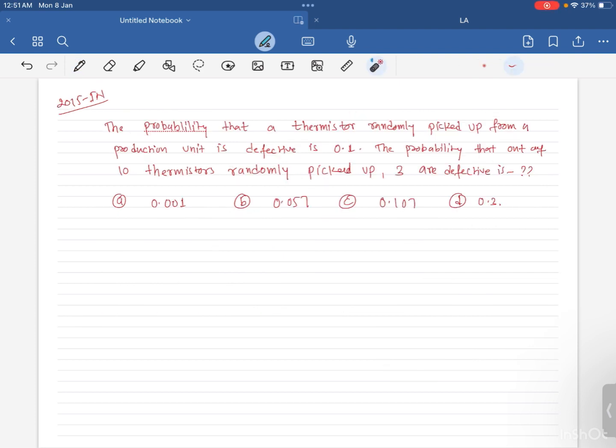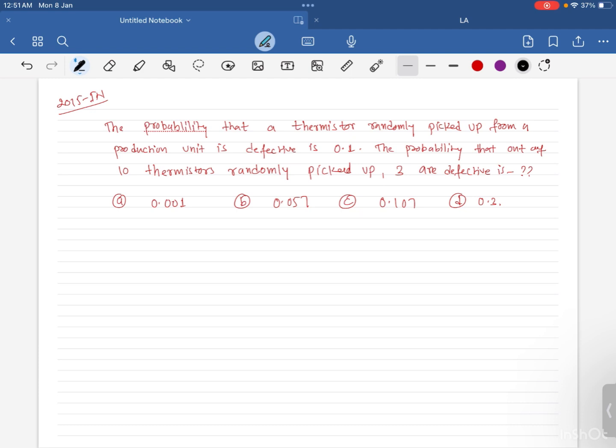So this question is again from IN 2015. The probability that a thermistor randomly picked up from a production unit is defective is 0.1. The probability that out of 10 thermistors randomly picked up, 3 are defective is? So again, this is a binomial distribution.